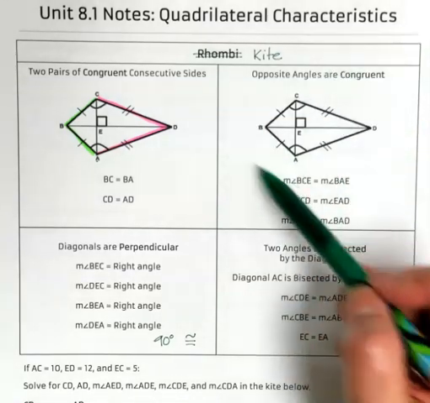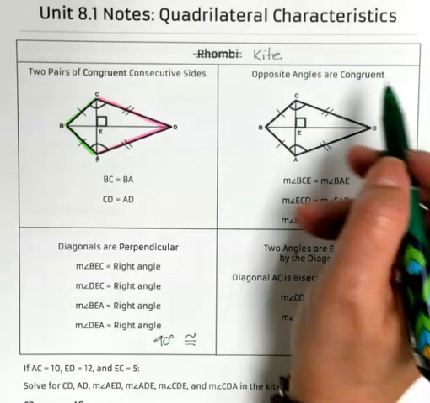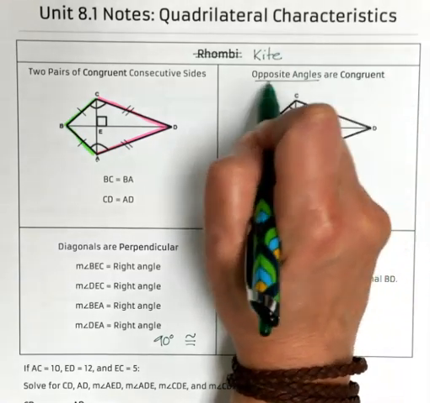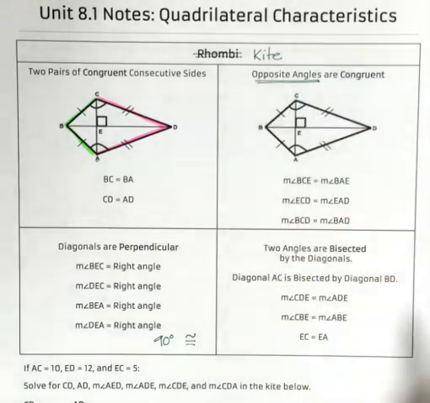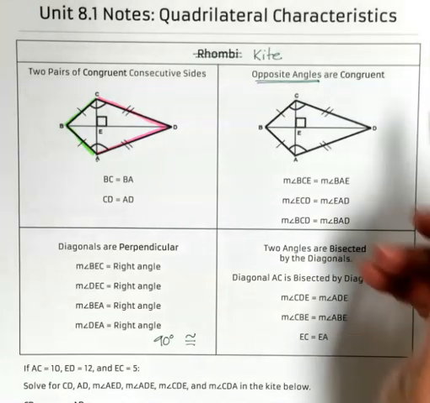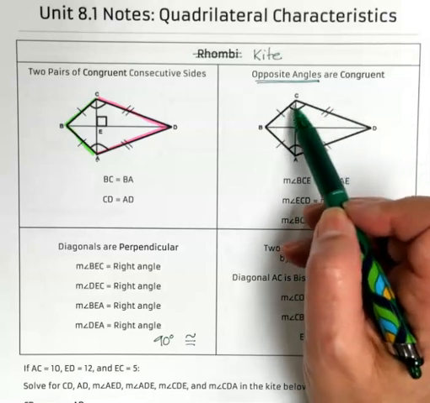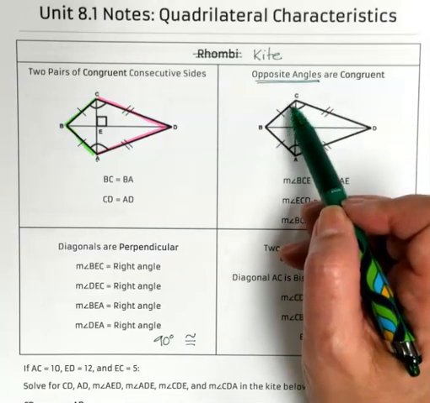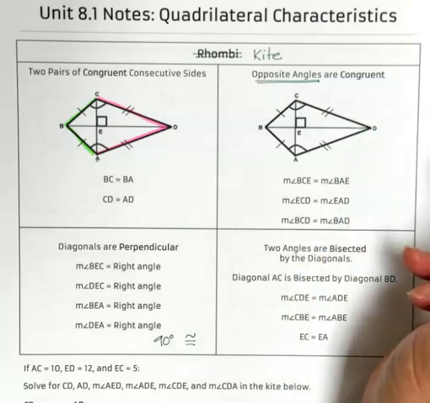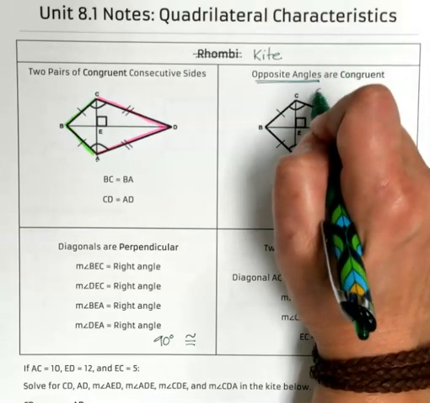Now here we have to be careful when we talk about opposite angles. Opposite angles are the angles formed by the two consecutive non-congruent sides.